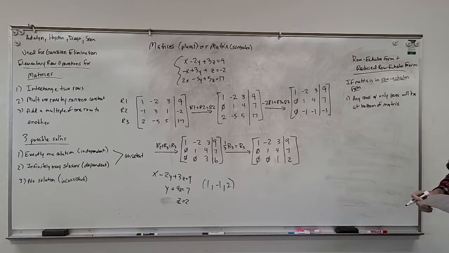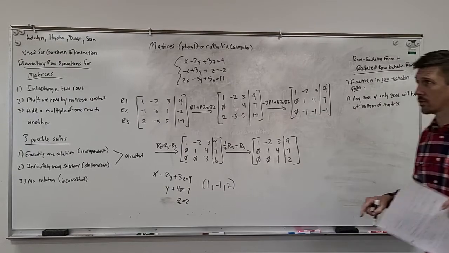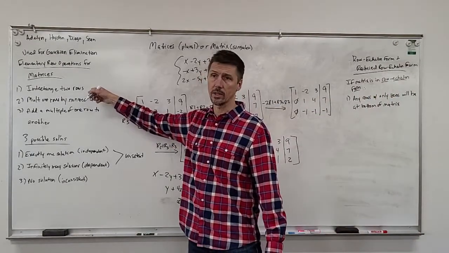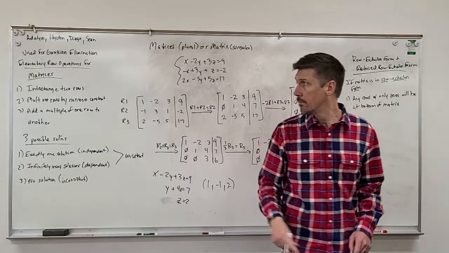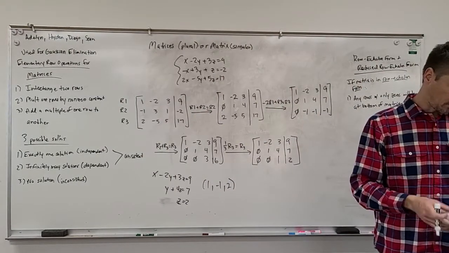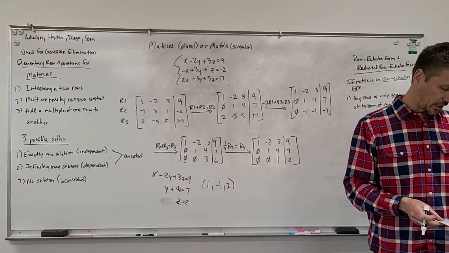So if we happen to, while we were doing this, have all of our variables disappear and we got zeros, then we need to make sure those rows are at the bottom of our matrix. And it's okay for us to do that because step 1 in our row operations is you can swap out rows. You can interchange 2 rows.